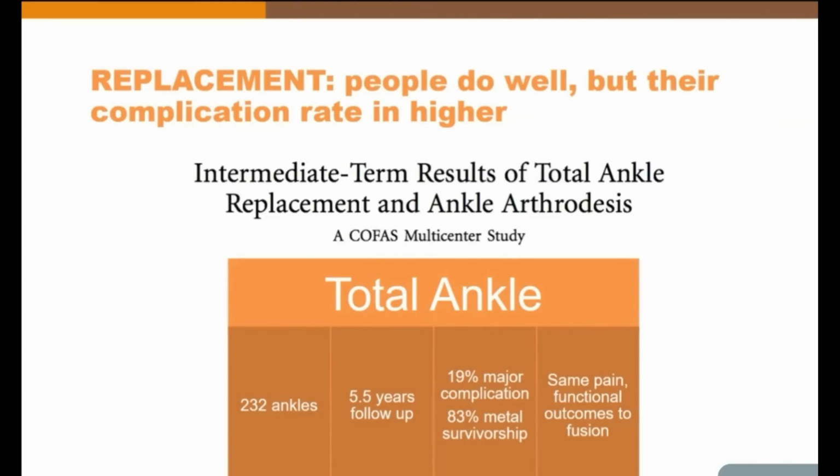If we're being honest about the majority of implants being placed in the United States now, we don't know what's going to happen 15, 20 years down the line because they simply haven't been in for that long in a large enough population of people to know what's going to happen to them.